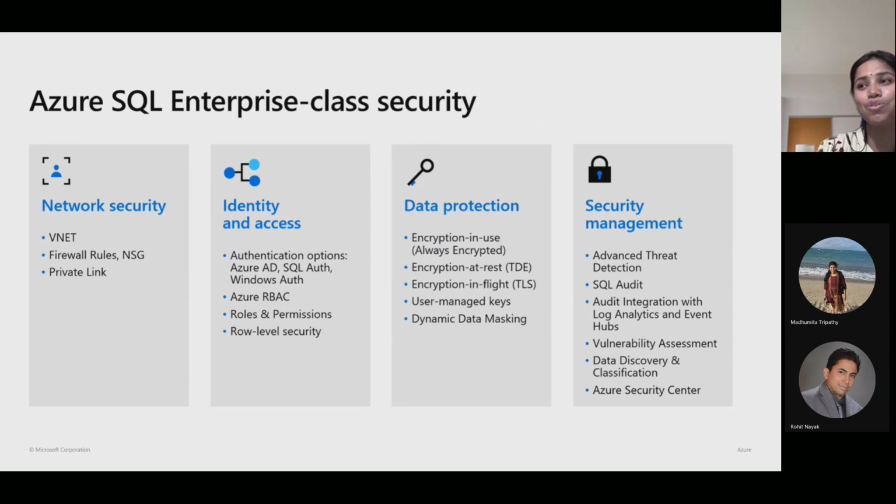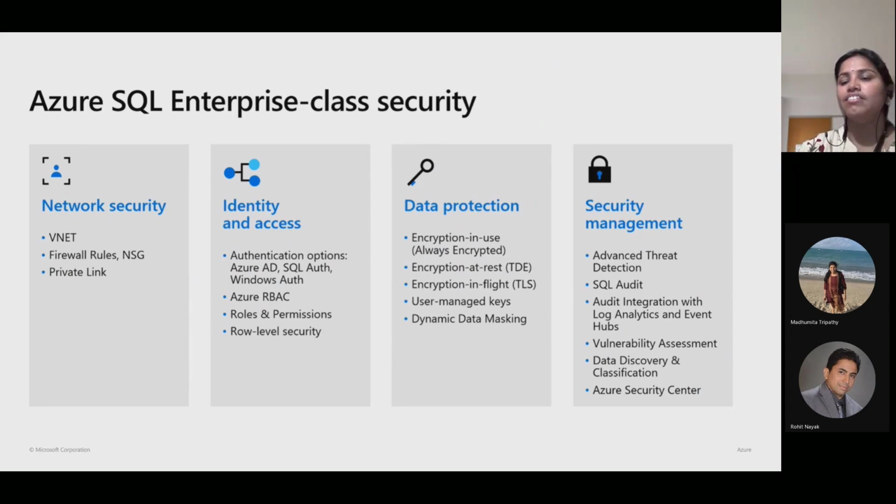Along with this, we also have the row level security, where I was talking about using a specific context or execute as user and allowing them to see a specific group of rows within your table. So that is the row level security that we provide, which lets you access a subset of your data, right?